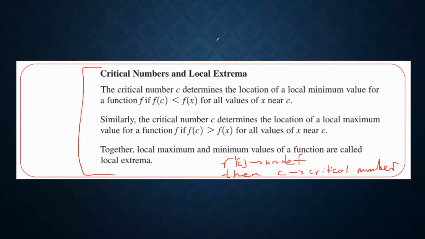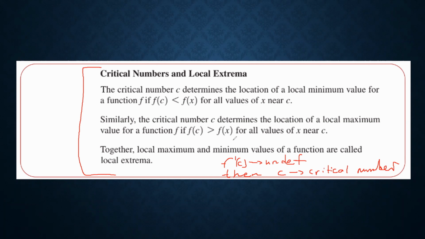I got it done. Give me a second. Okay, got it.